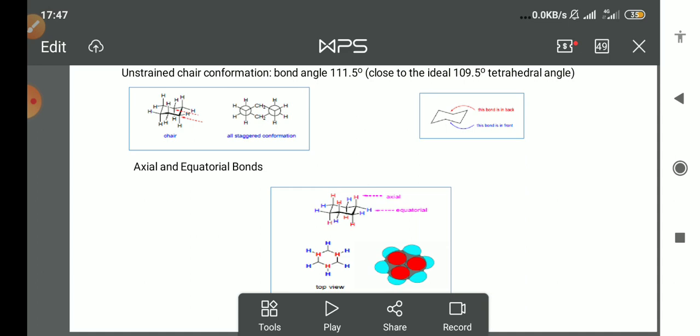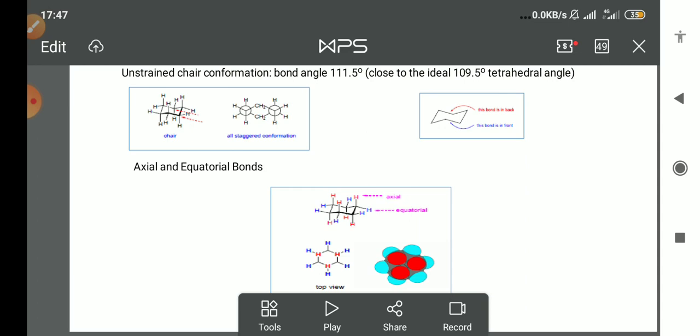As the science fact says, when they require less energy, it is stable in form, and when they require higher energy, it is less stable. So cyclohexane exists in many forms.